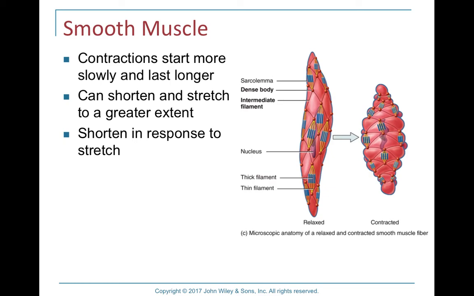The filaments in the smooth muscle will be connected to structures called dense bodies, which are functionally similar to the Z-disc. So it doesn't have Z-disc, but it does have dense bodies. And we also here have intermediate filaments. So we have the thick and the thin filaments, but we also have intermediate filaments.